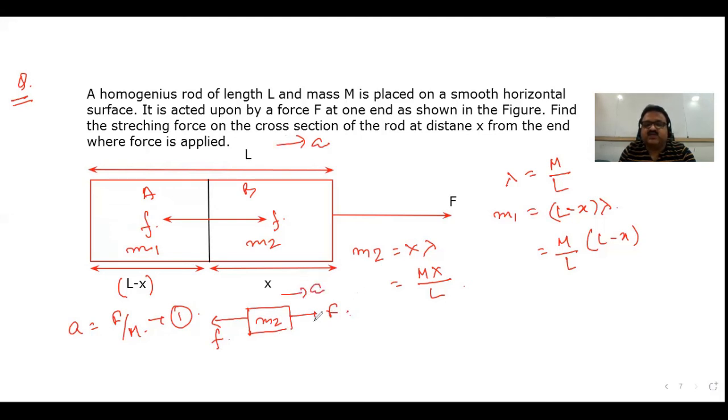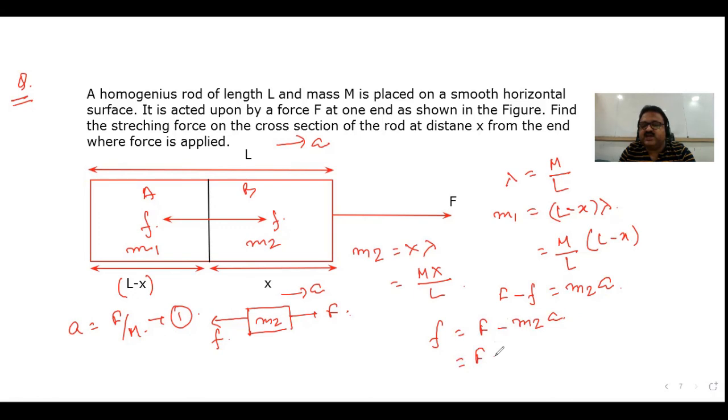If I write the equation of motion for this, it would be F minus f equal to M2 into a. Now look, f equals F minus M2 into a.